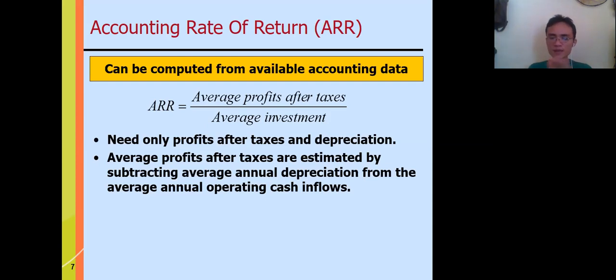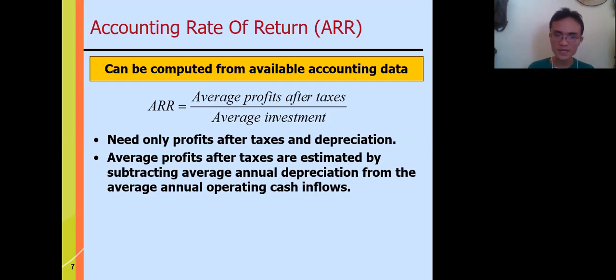If we manipulate the formula, we will get that the average profits amount is the result if we deduct average annual depreciation from the average annual operating cash inflows.